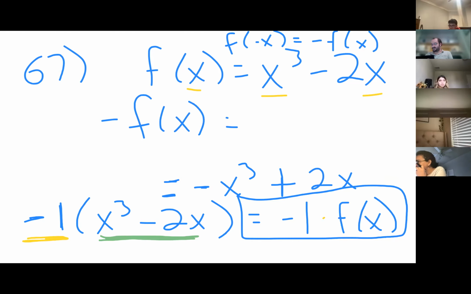That would be minus 1 times x to the third minus 2x. You could do it that way as well. But somehow we're going to have to recognize what a minus f of x is going to look like, either by factoring out the negative or doing it beforehand and checking.